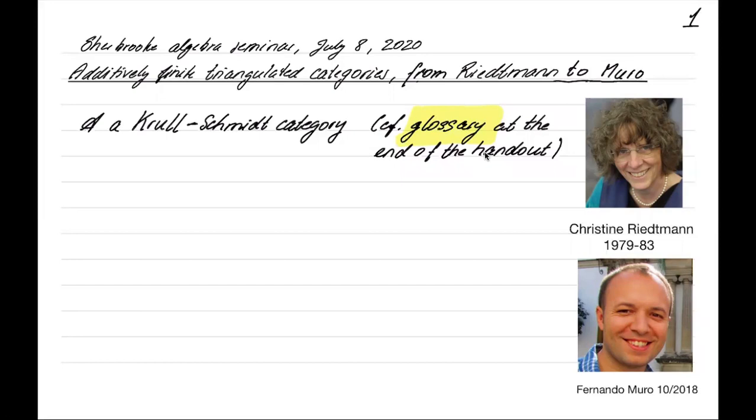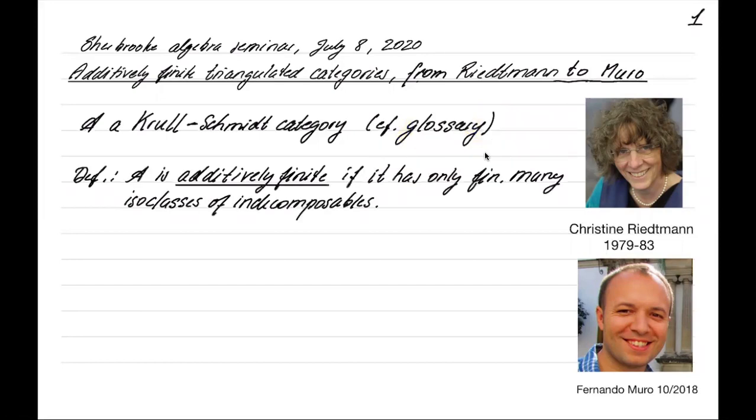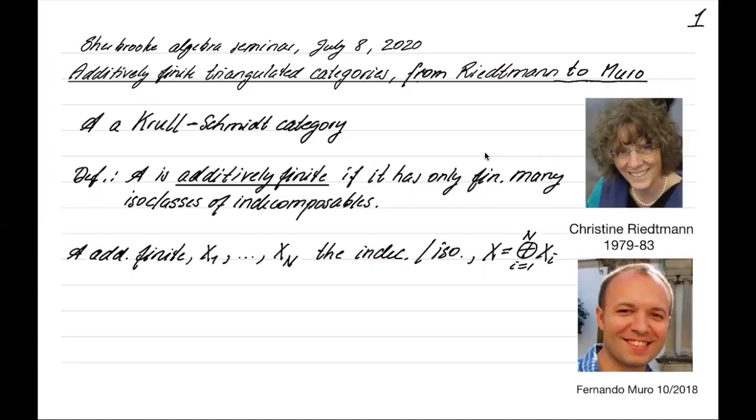Now, let's take such a Krull-Schmidt category. We say that it is additively finite if it has only finitely many isomorphism classes of indecomposables. And then it has a well-defined Auslander algebra. Let me recall how this is constructed. We take our additively finite Krull-Schmidt category.